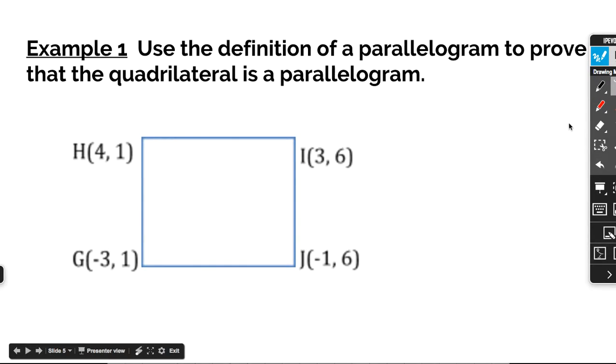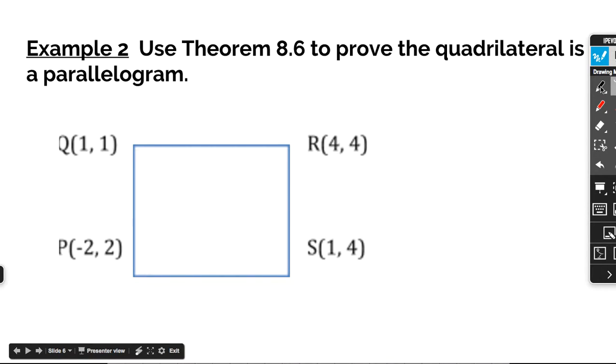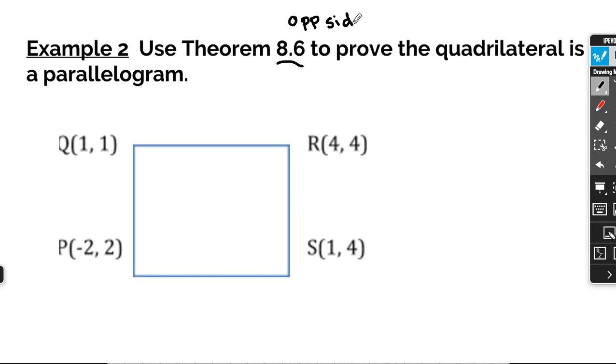On example 2, we have another quadrilateral, and this one says use Theorem 8.6. So if we go back and look at Theorem 8.6, this one says that opposite sides are congruent. So to figure out if they're congruent, we're going to have to use distance.